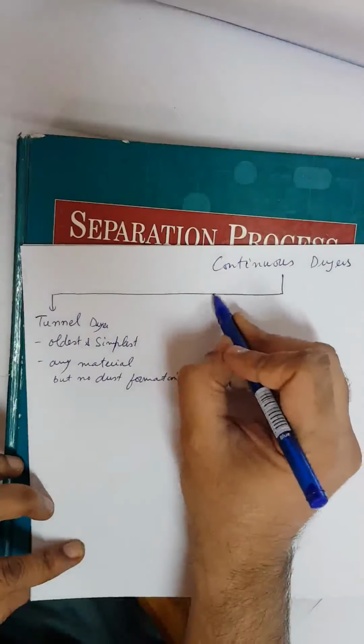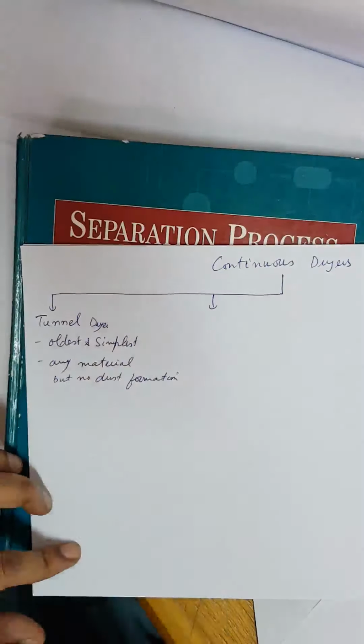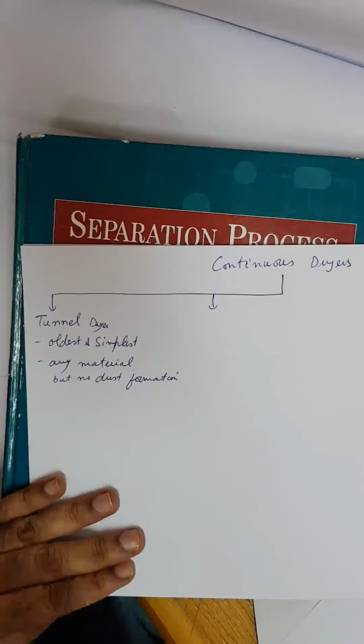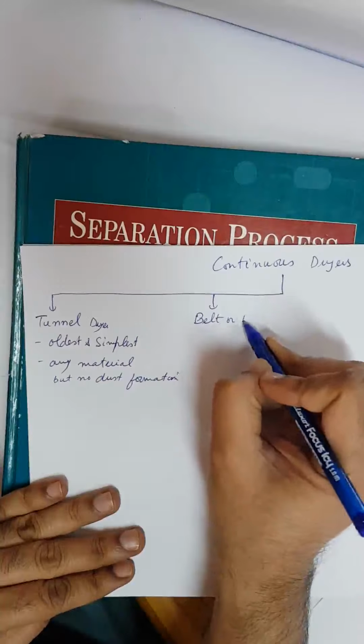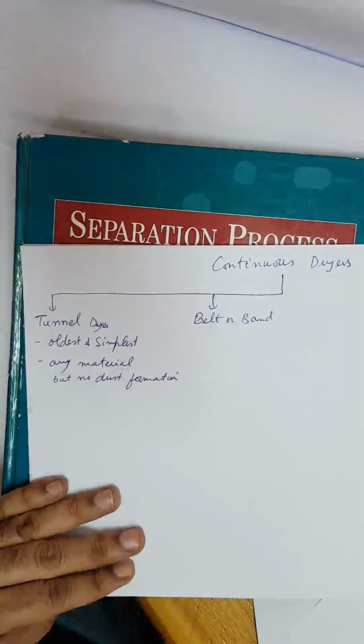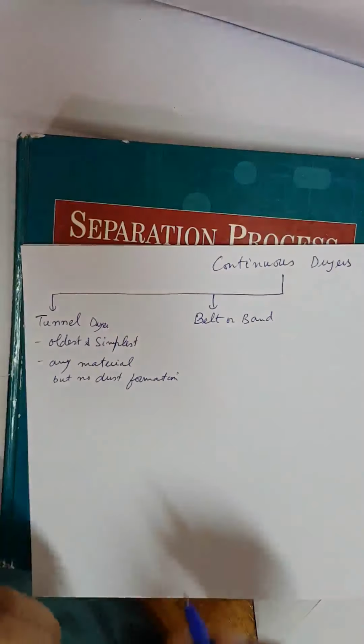The second one is belt or band. You can see from this name, it's made of belt or band.